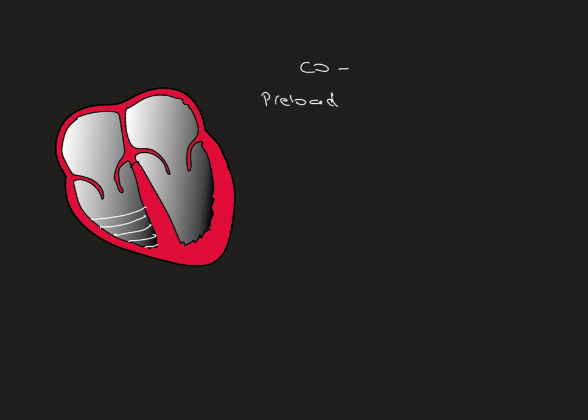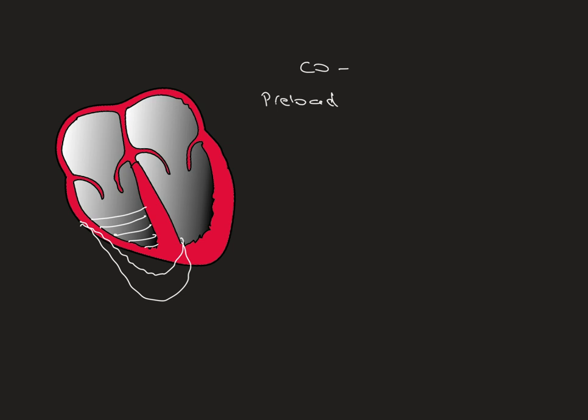then remember that the heart is basically a big elastic bag of tissue, of muscle, okay? And the more you fill it, the more it will stretch. So if you fill it more and more and more, you get more and more stretch. And like a good elastic band, the more you stretch it, the more it will recoil.